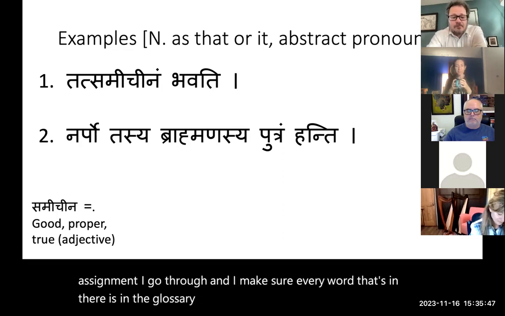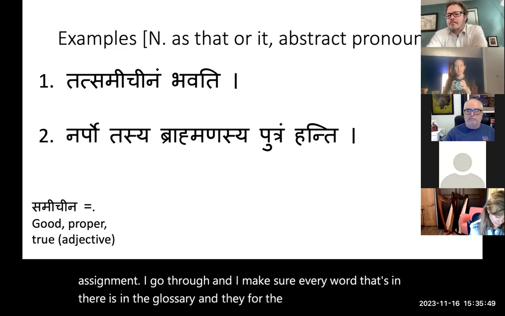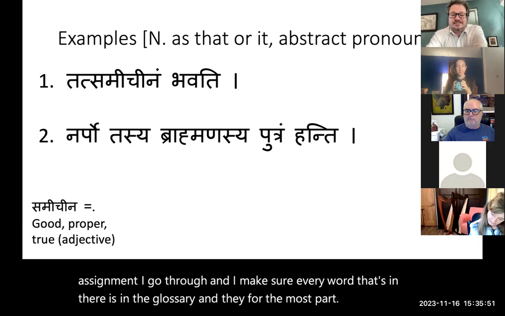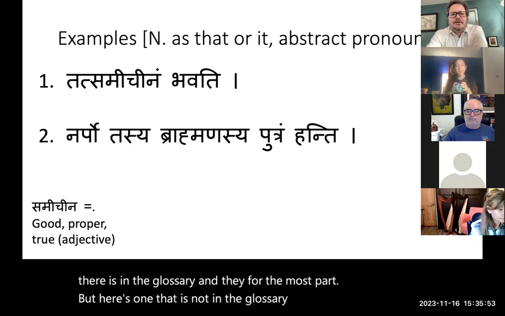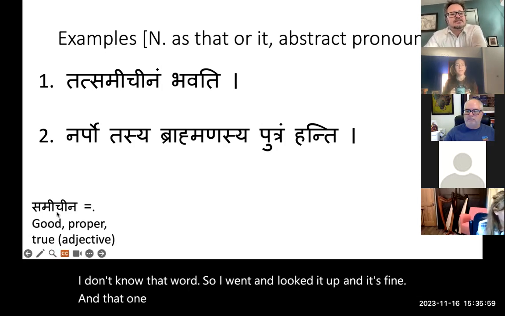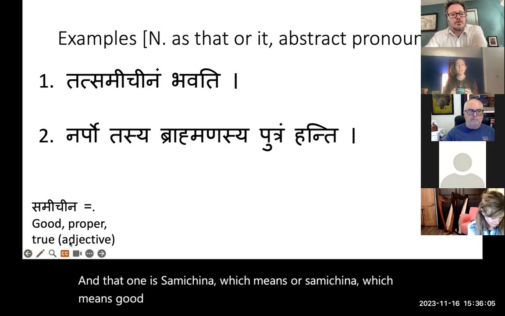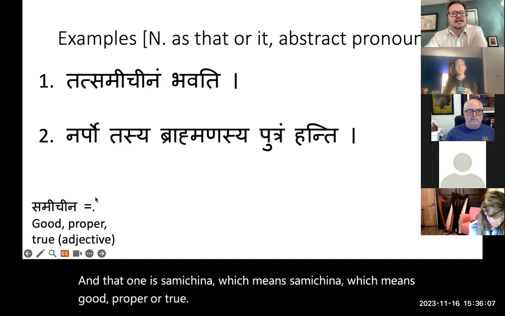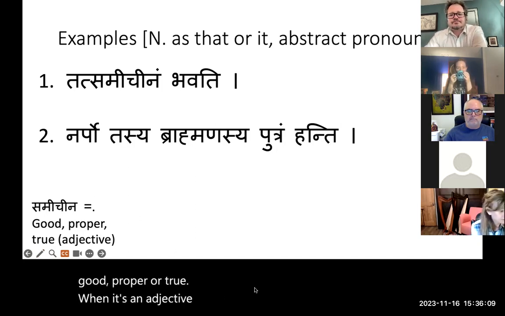And they, for the most part, are. But here's one that is not in the glossary, that even I was like, I don't know that word. So I went and looked it up, and it's fine. And that one is samichina, which means good, proper, or true. And it's an adjective.